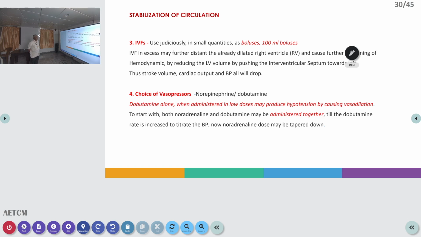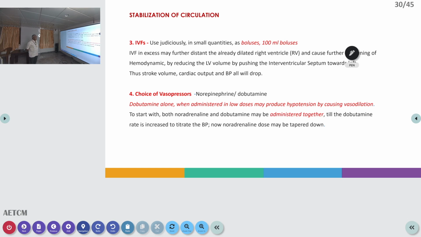Sometimes we can use dobutamine, but as far as its use is concerned, we start only in lower dosages, then slowly increase. Dobutamine in the lower dosage of administration as infusion will cause profound vasodilatation, which will add further fuel to the fire, causing the hemodynamic instability.